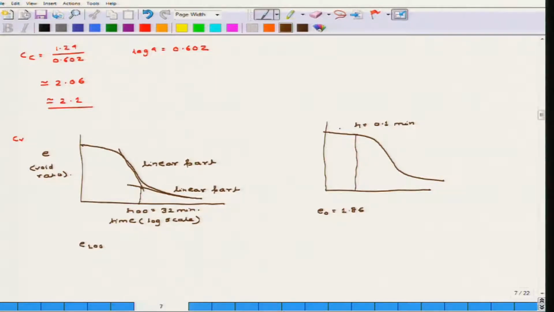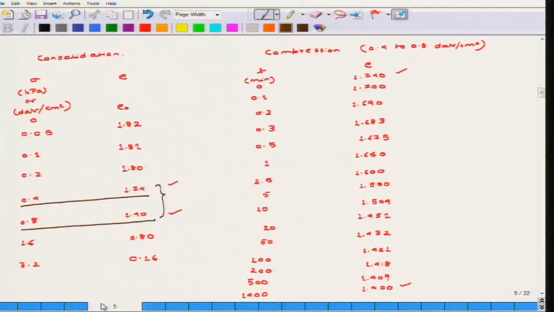Origin means near the initial void ratio. You have to take another time that is exactly 4 times longer than the initial time. So, 4 times T1 equal to 0.4 minutes, let us say that is T2. Now, for 0.1 minute we have the value of E as 1.7.